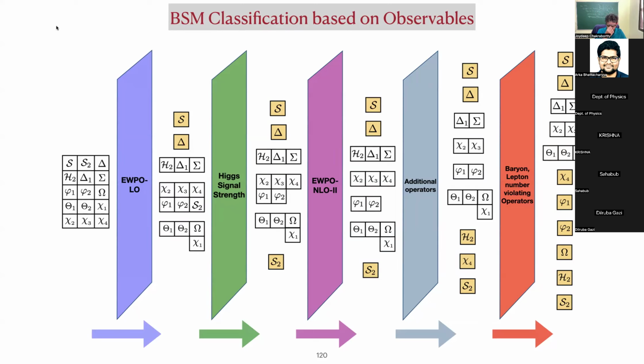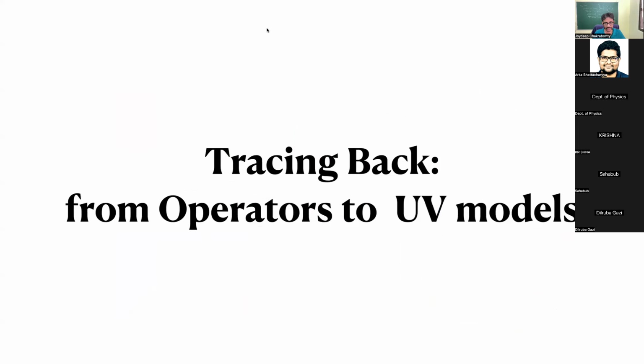That is, you start from an experimentalist input, which is basically the possible excesses you have in the data, some kind of operators in a model-independent way, and then you look for what kind of UV theories could explain that data. So how the effective field theory can play that role. That's tracing back from operators to UV models. In the top-down approach we go from UV models to operators, but now from operators to UV models. That's what we try to learn here.